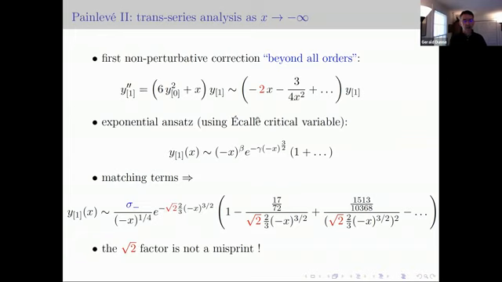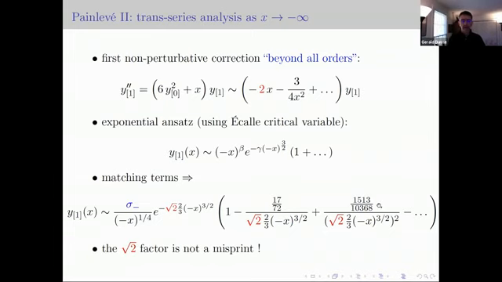This root 2 is not a misprint. And it comes from the fact that there's this 2 here that came from contributions from here and from here. And that follows through in these expansion terms also. And we can generate these coefficients systematically by a recursion formula.